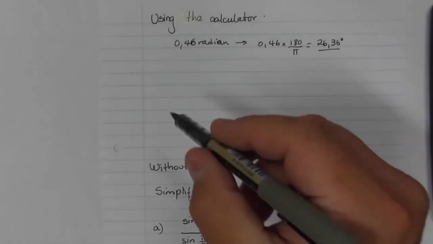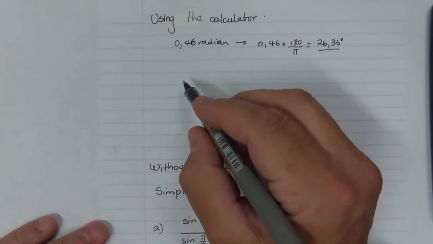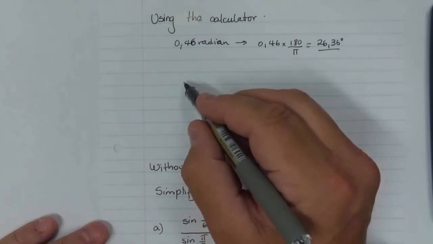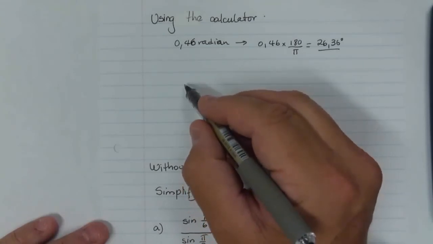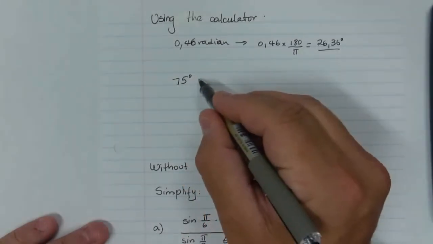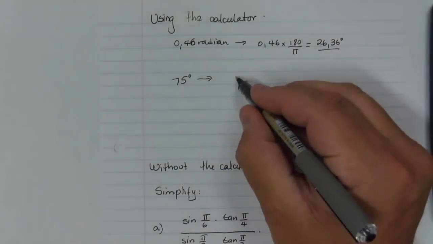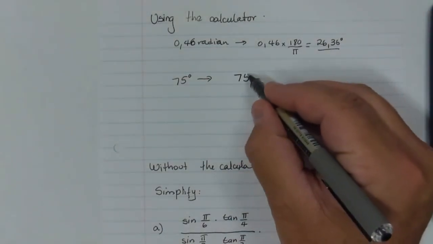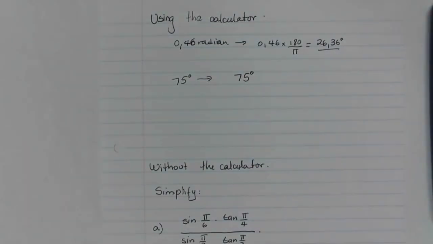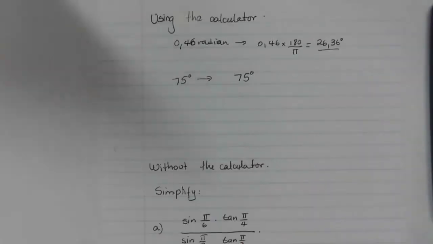Degrees to radian is a similar thing. Let's convert 75 degrees to radian. Again, remember when you're converting from degrees to radian, going back to our previous slide, you multiply by pi over 180.